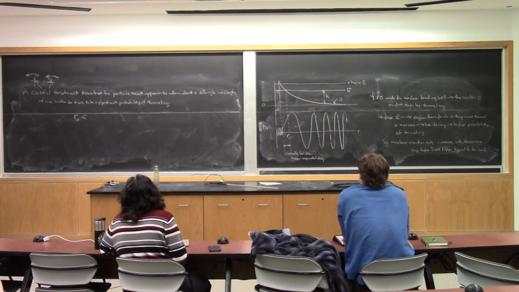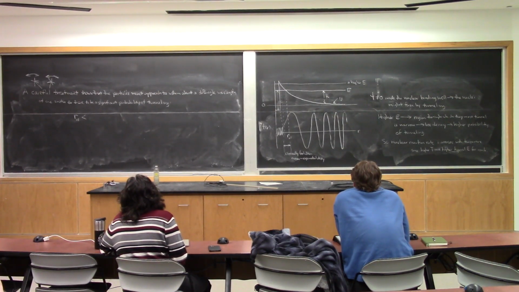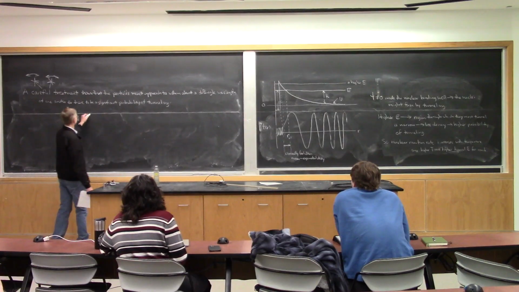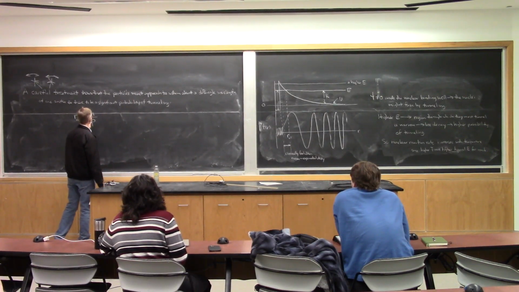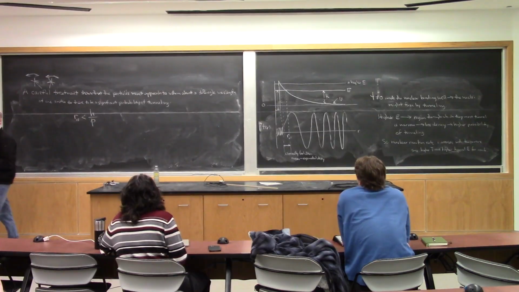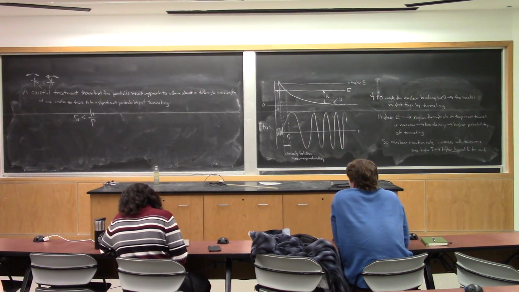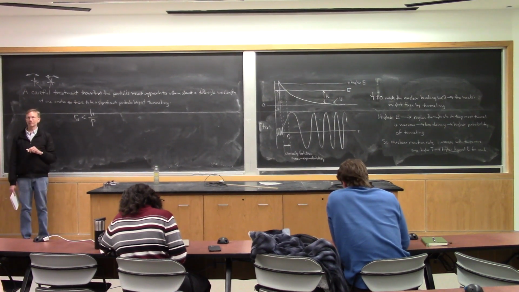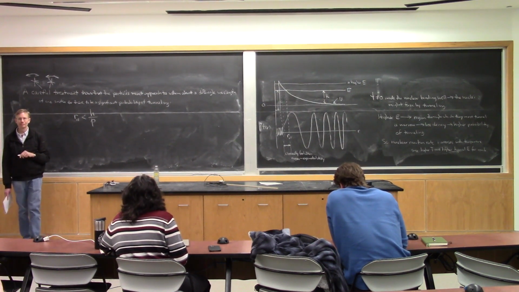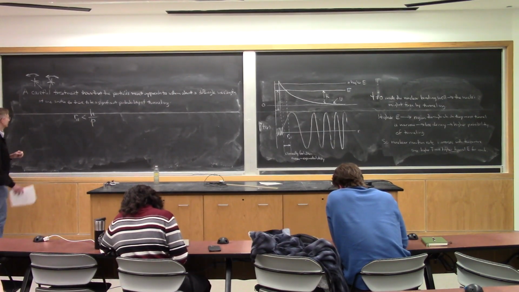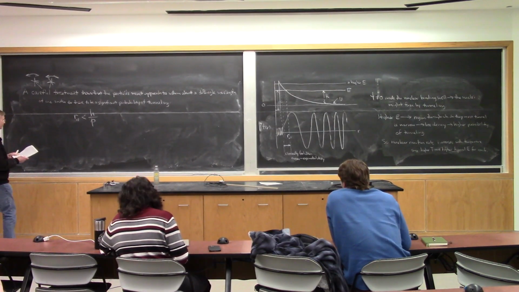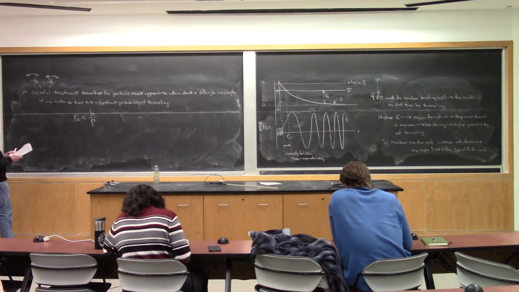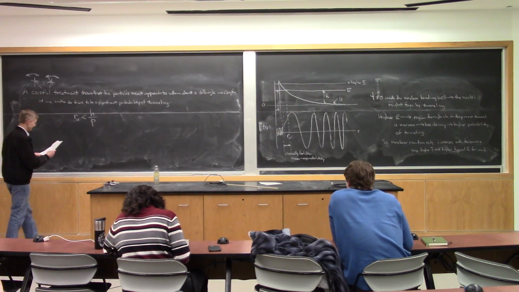Lambda is h over p, Planck's constant over the momentum. That's the de Broglie wavelength. Higher momentum means shorter wavelength, right? That should make sense. So lambda is h over p, so R classical should be less than h over p.